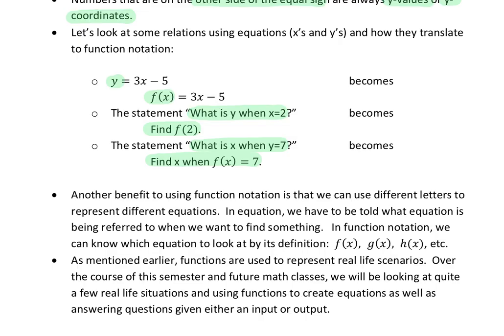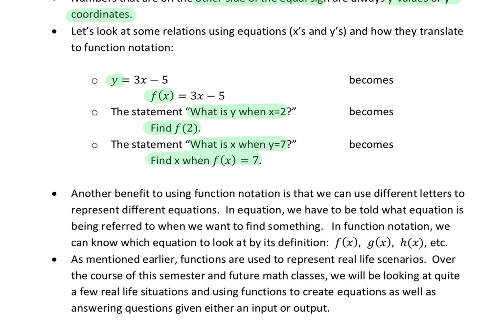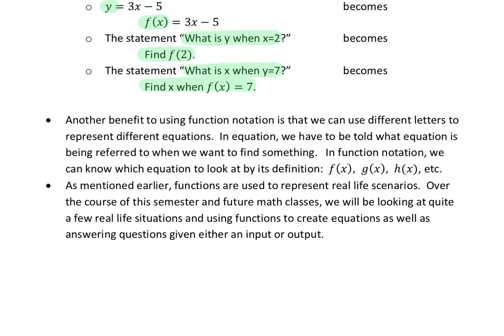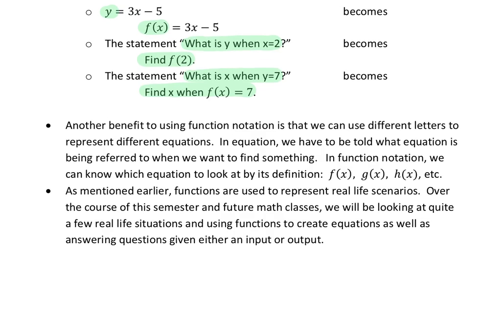All right, so let's talk about some other things in terms of functions. First and foremost, function notation just denotes that it is a function, it satisfies all the definitions of a function. One of the other benefits to using function notation is that we can use different letters to represent different equations. In equation form, we have to be told not only what we are looking for, but which equation we are referring to.